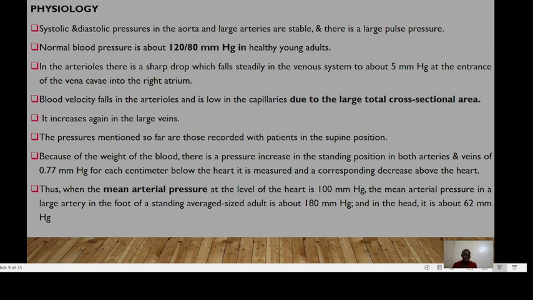So when the mean arterial pressure at heart level is 100, the mean pressure in a large artery in the foot of a standing average-sized adult will be about 180 millimeters of mercury, and in the head it will be about 62 millimeters of mercury, because of the 0.77 millimeters of mercury per centimeter.